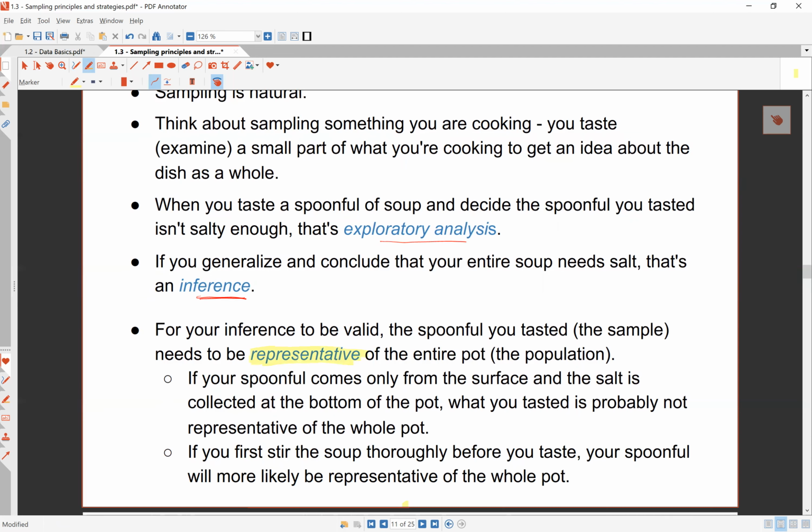If you have this pot of soup and you didn't stir it well, and it's been sitting on the stove and all the vegetables are at the bottom, and you just scoop from the top, you might not think that there are any chunks of vegetable in the soup.